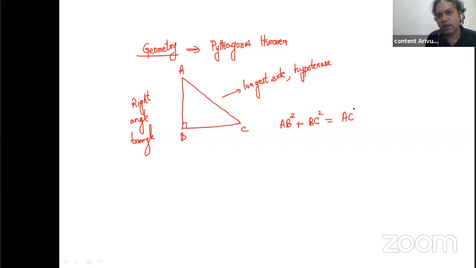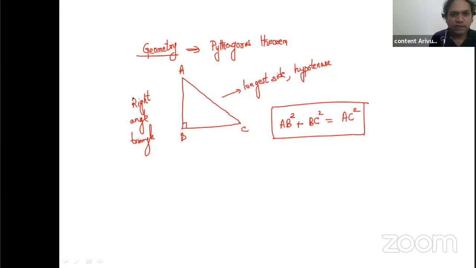This is what is called the Pythagoras theorem. Note it down. For example, suppose this is 8 centimeter and this is 6 centimeter. Then how much will this be? Find out the answer.